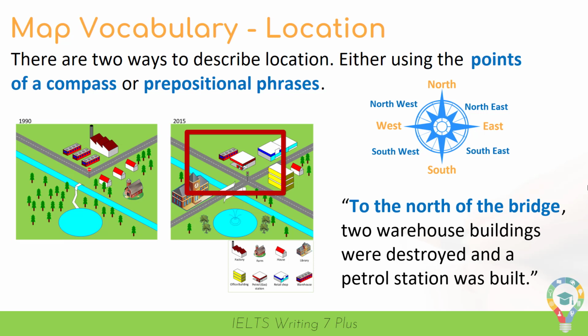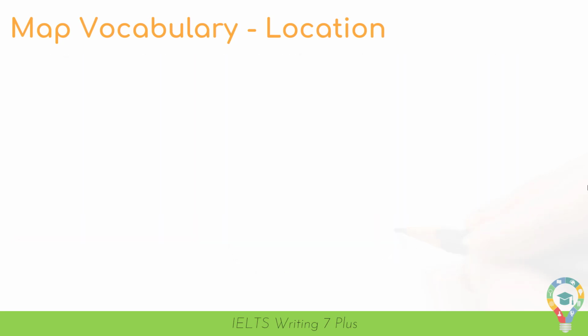To the north of the bridge, 2 warehouse buildings were destroyed and a petrol station was built. You could, of course, also say that a factory was added. Okay, so there are some examples for using the points of the compass.